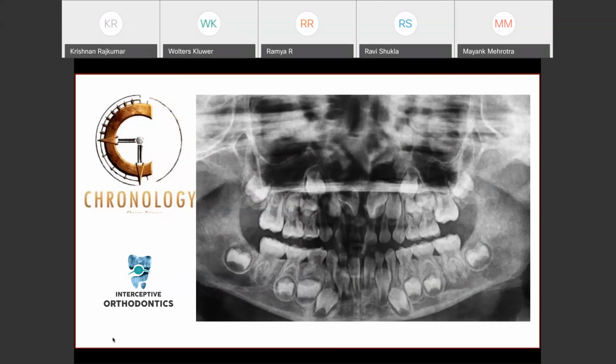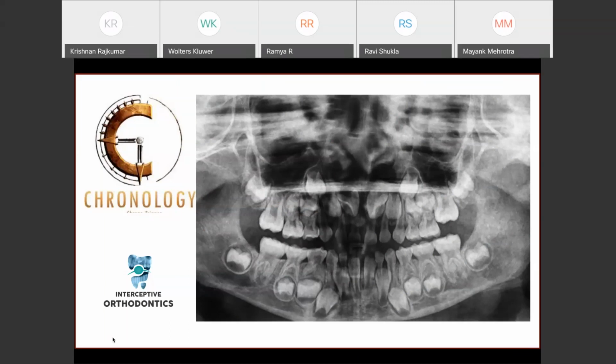Sometimes you can have a tooth erupting on the lingual aspect. You should know that developmentally a lower permanent central incisor is placed lingually, and sometimes it can erupt on the lingual aspect of a deciduous central incisor, where, in case you extract the deciduous tooth, the permanent central incisor will automatically come into position.